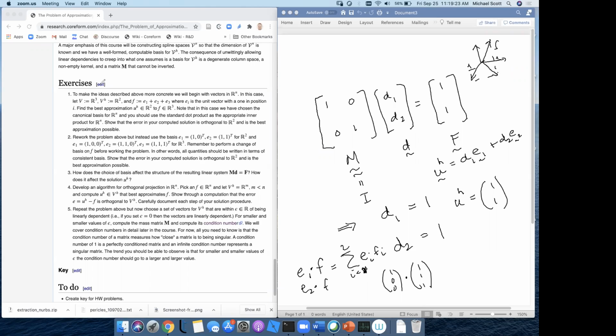I think part of the confusion comes from the fact that you also need to recognize that R2 is a subset of R3. And so there's some implicit throwing away of components going on there. Okay, good.